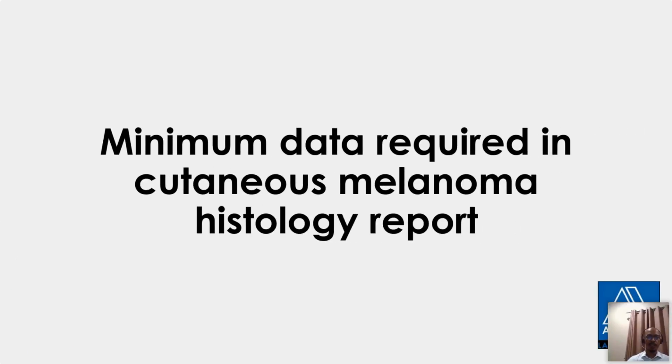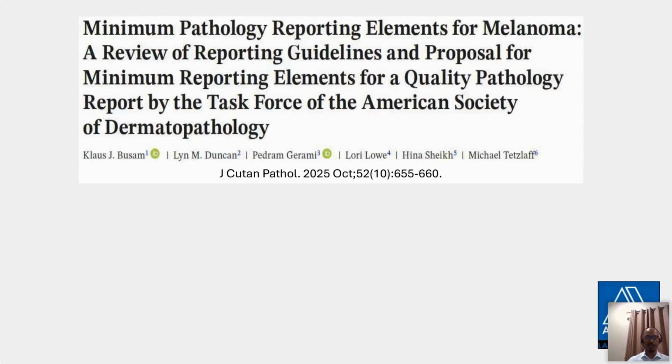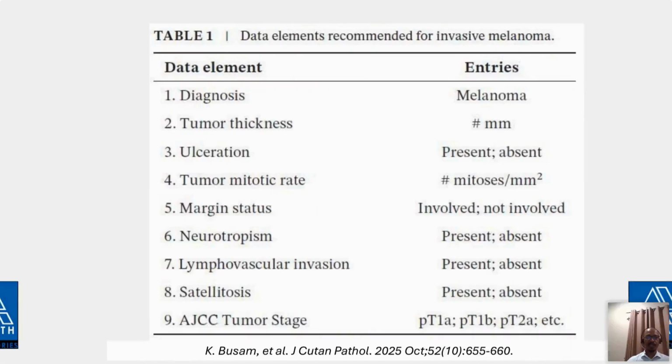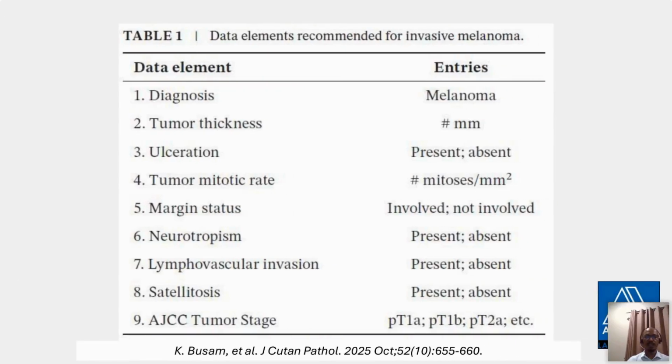Now, moving to the reporting of melanoma, there are some minimum criteria that need to be included in the report. Over the years, I have seen some reports which I thought were not quite sufficient. So these are the data elements that are considered to be minimum requirements by the American Society of Dermatopathology.